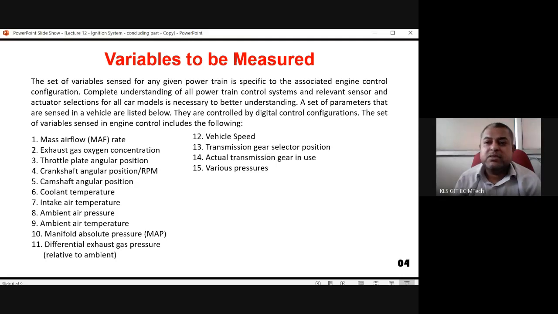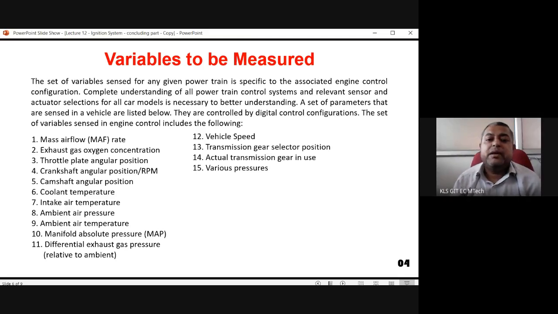Carbon monoxide is almost constant, but HC and NOx increase if we increase the fastness of the spark plug control. If you are generating the spark very fast, HC and NOx production will be high, and that will come through the exhaust, as we have seen.